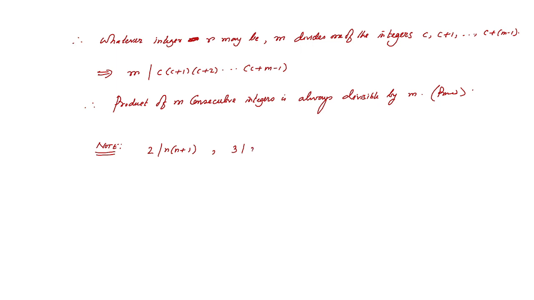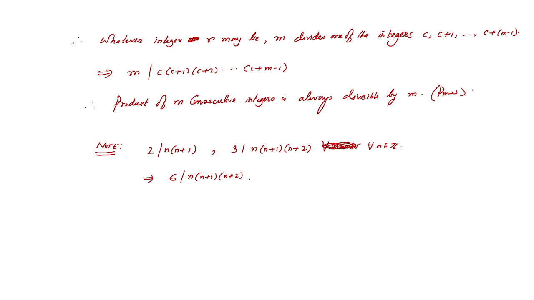Similarly 3 divides n into n plus 1 into n plus 2, because n, n plus 1, n plus 2 are 3 consecutive integers, and this holds for any n belonging to the natural numbers. This is your exercise: you can solve that 6 divides n into n plus 1 into n plus 2. You can take any integer also, no problem, for all n belonging to Z.